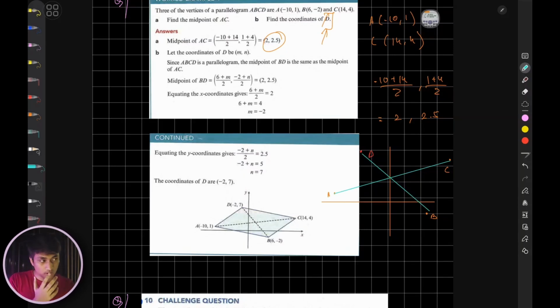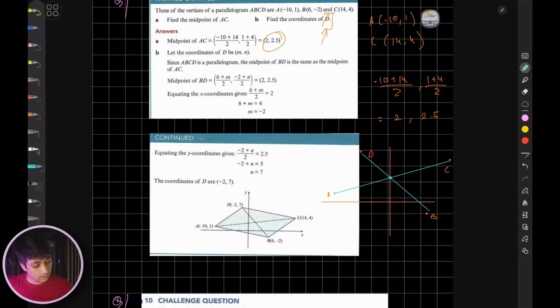In case of several quadrilaterals, for example, rhombus, squares, rectangles, parallelograms, not all quadrilaterals but such symmetrical ones, if you join the opposite corners or the opposite vertices together, you're going to notice they meet at a point that is the midpoint. That is the midpoint for either pair of vertices.